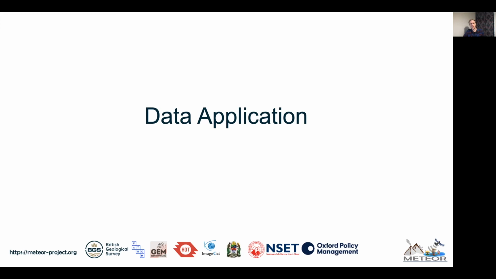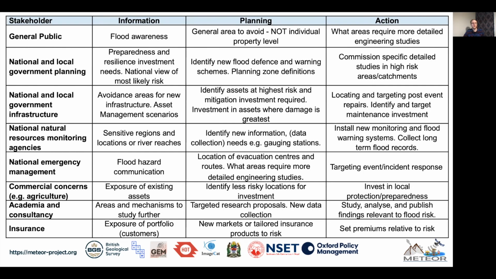Now, given the context in which these models have been constructed and the data limitations that they are faced with, it's very important to consider where they can and cannot be suitably applied. On the table here, you can see potential applications for this data for a number of different stakeholder types, be it the public, be it local government, be it insurance or commercial.